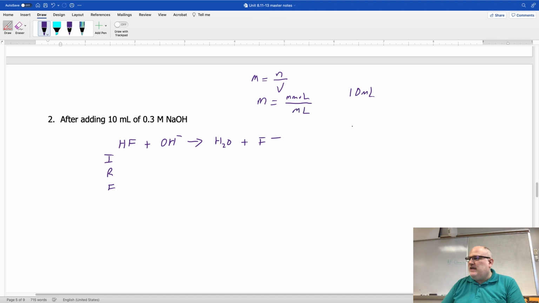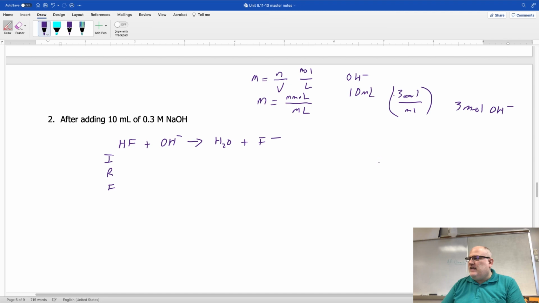It's going to have the same value as mole per liter. So what we can do is we can just go 10 milliliters and multiply that by my 0.3 millimoles per milliliter. And for my OH minus, which is what we care about here, I'm going to end up with 3 millimoles of OH minus.